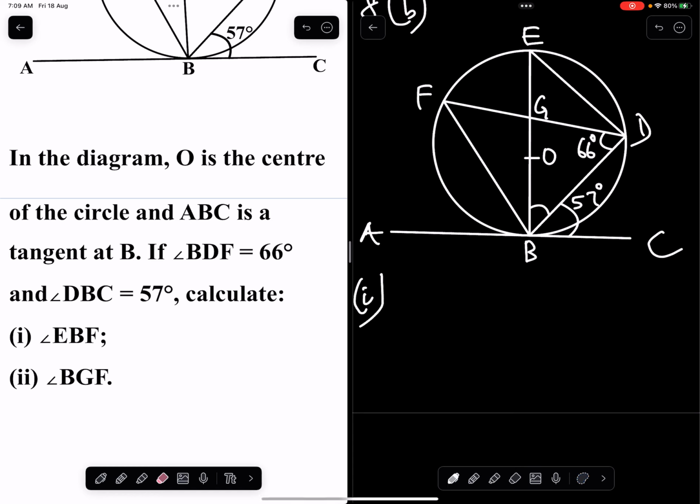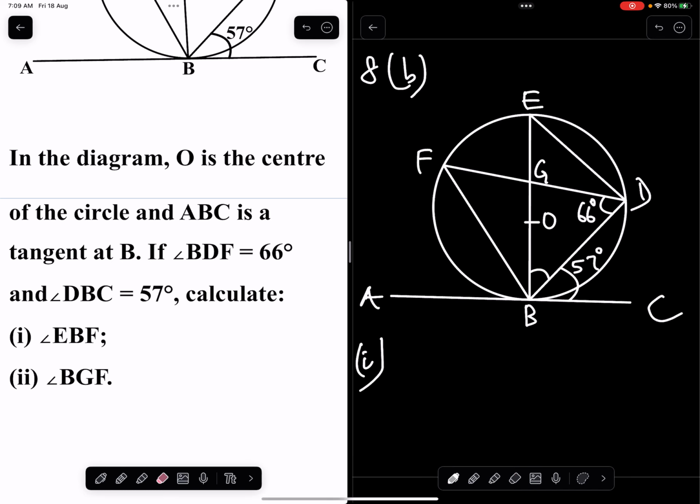How do we find angle EBF? Now, if O is the center of the circle, that simply means EB is the diameter of the circle, and that means angle EDB is equal to 90 degrees. The reason for that is angle in a semicircle. How do you determine that?